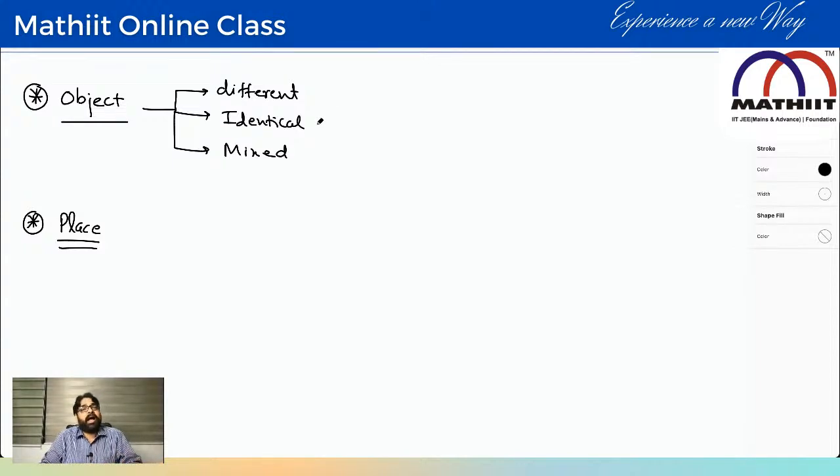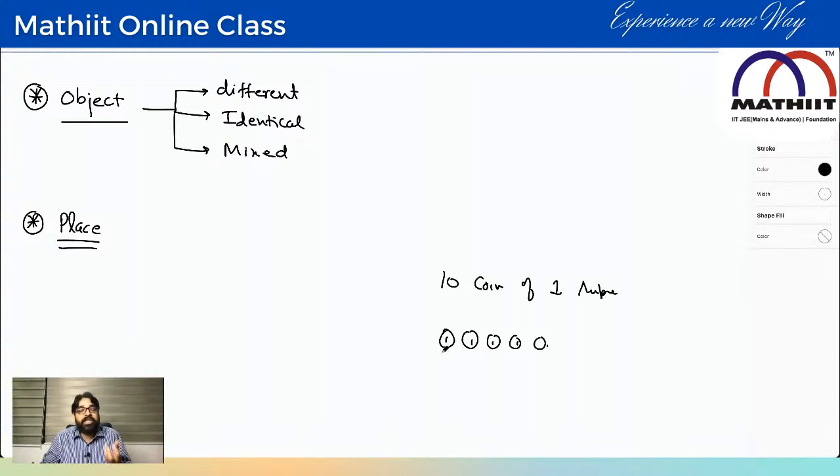Identical means they are identical. Suppose there are 10 coins of 1 rupee. Each coin is 1 rupee, so all these 10 coins will be considered identical. They are considered identical because the 1 rupee is not by shape and size, it's the value.